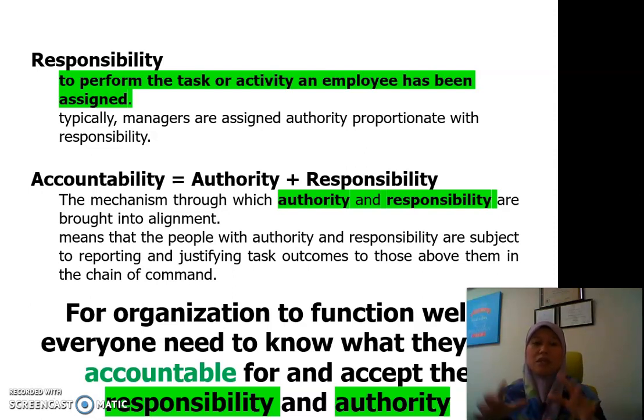When everybody knows, the organization will be more effective and efficient.